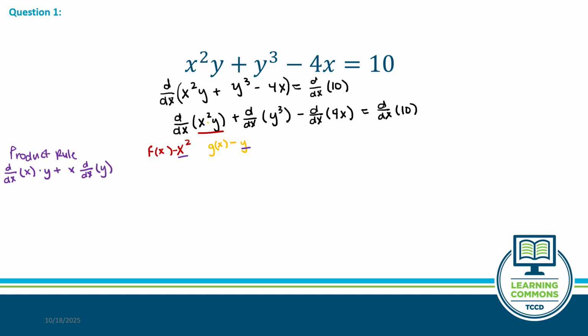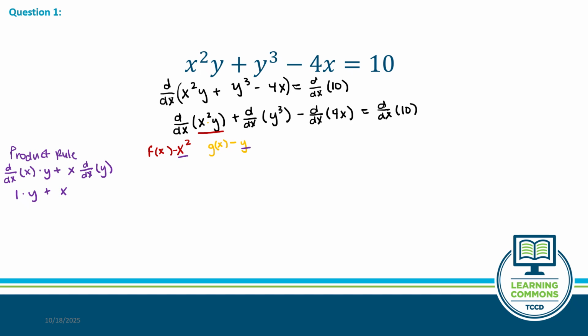Okay, so I just set up product rule. I didn't do anything, I just sat there and said, okay, what's product rule? Here it is. So the derivative of x with respect to x, that's just going to be 1. So it's going to be 1 times y plus x.